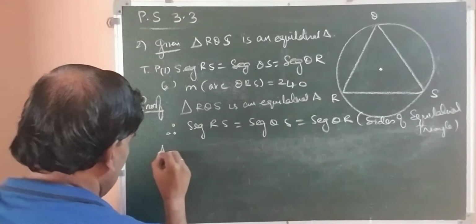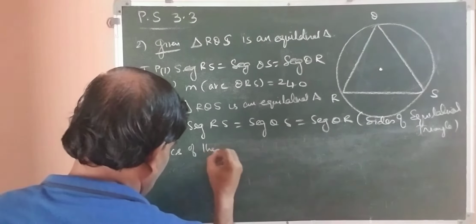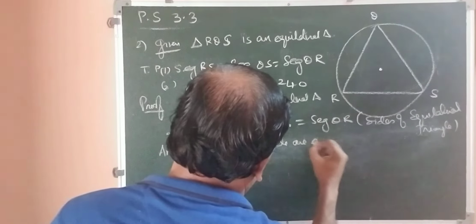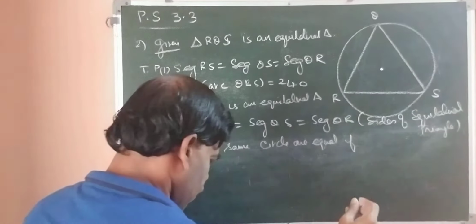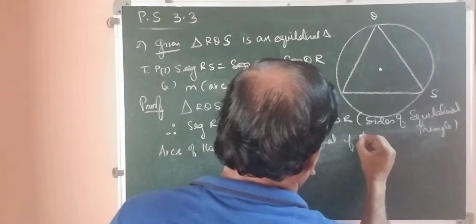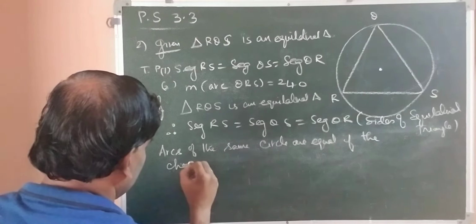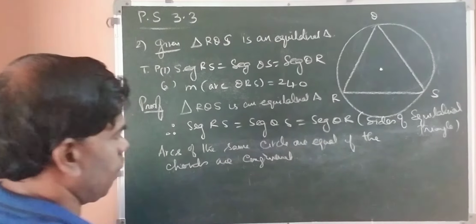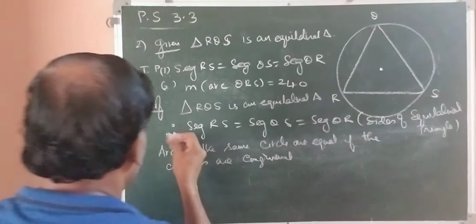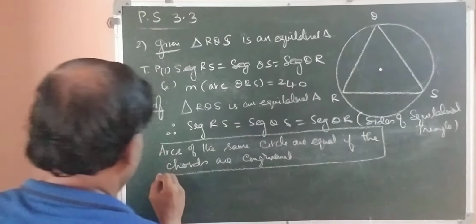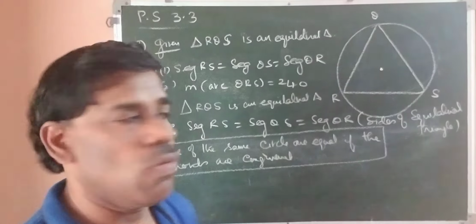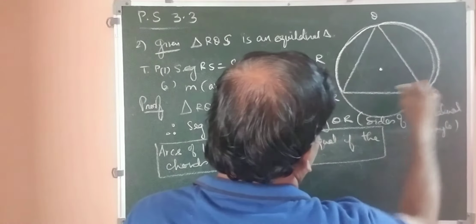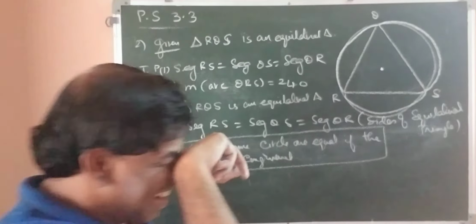Now one more property is there. Arcs of the same circle are equal if the chords are congruent. Listen very carefully, this is very important. Now this arc and this arc are equal.